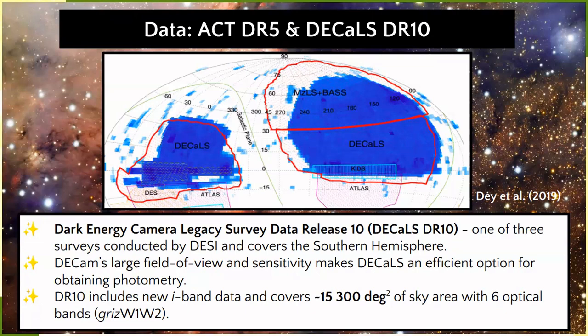The large field of view and sensitivity of DECam make DECaLS a good option for obtaining photometry in the g, r, and z optical bands. So DR10 includes objects from DECaLS in newly observed regions of the sky, and also new i-band data covering a sky area of approximately 15,300 degrees squared with 6 bands: g, r, i, z, W1, W2. Those are the WISE bands.